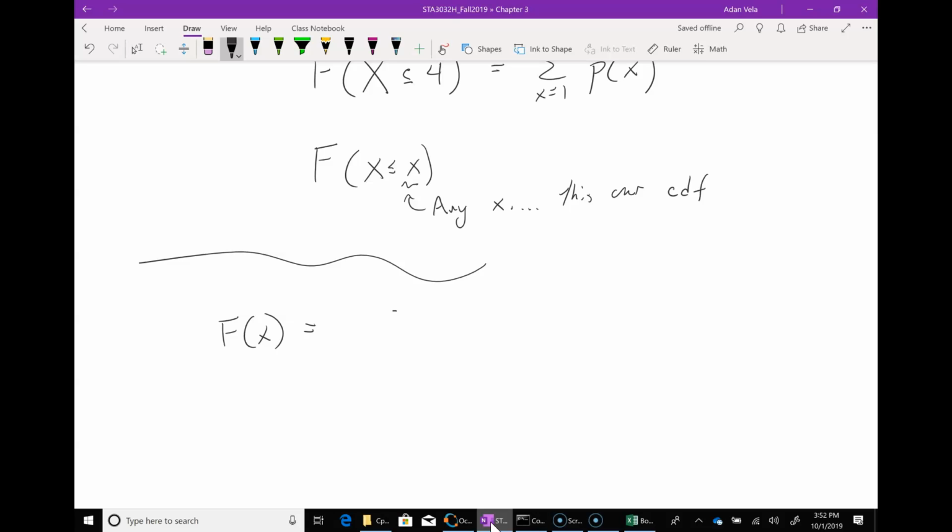And again, we know it's equal to the sum of y less than x rounded down for our probability of y. Okay? And again, this is kind of why we put the random variable here. So we're summing over some variable y that's less than x.